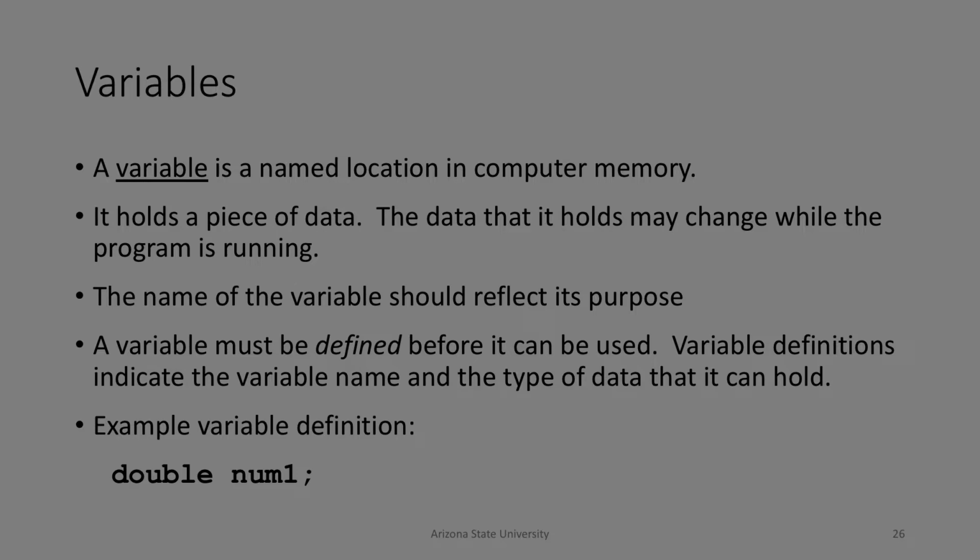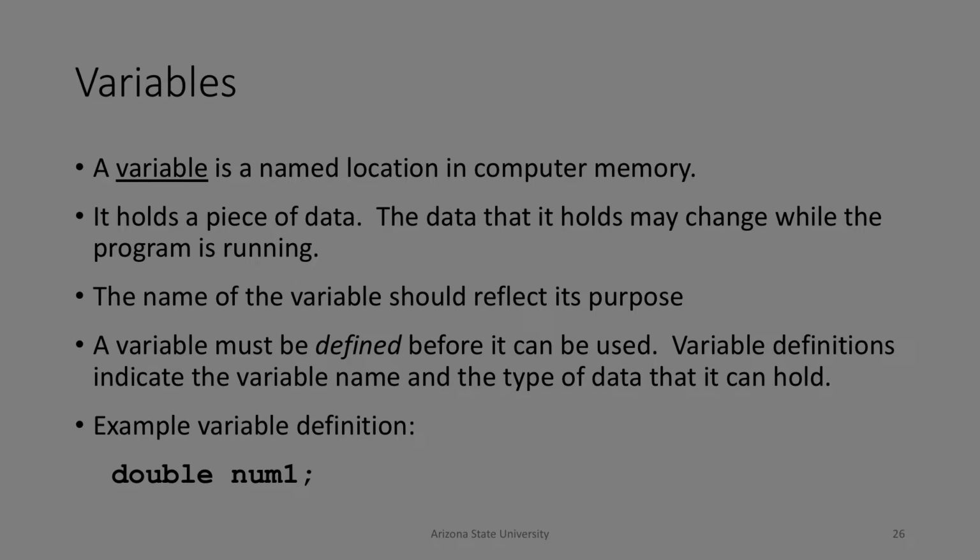We have to define, obviously, the variables before we use them. So if I reference, say, num1 up here, and then several lines later I declare the variable to be a double, that's not really going to work because I'm referencing a variable that hasn't been declared yet.